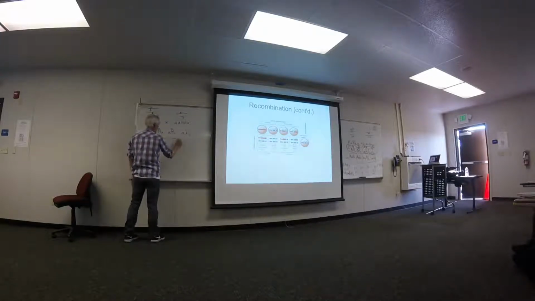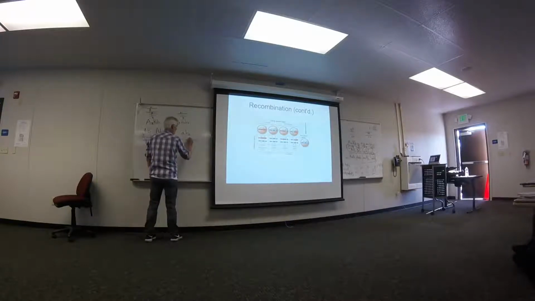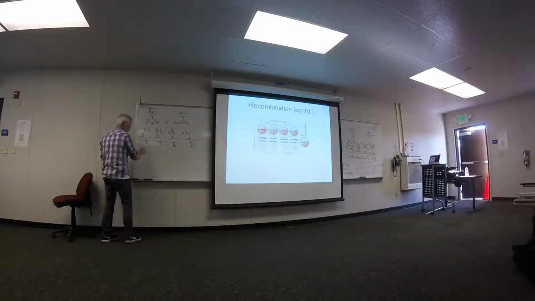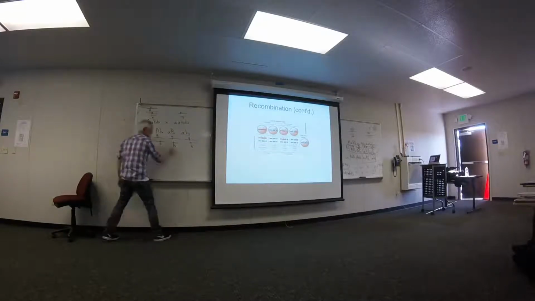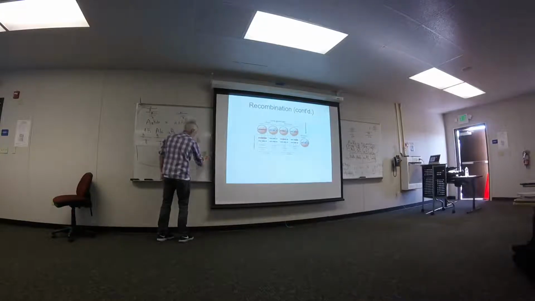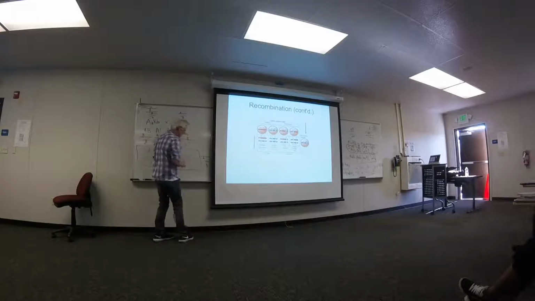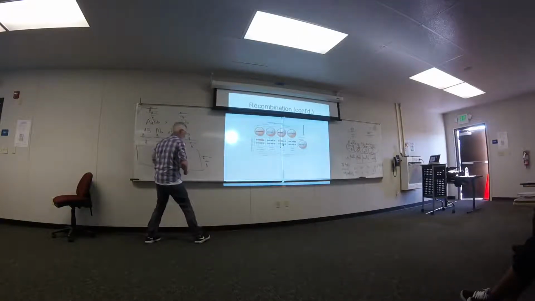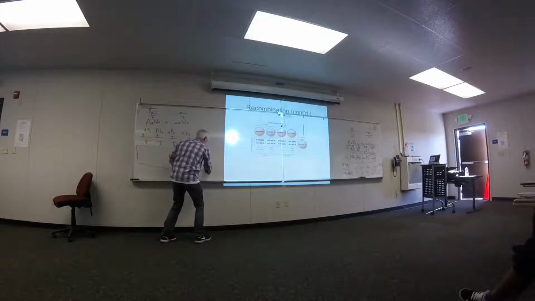This one will have the little a and the big B. This one will have the little a and the little b, right? Now, when we do the cross here, all the sex cells from this parent are going to have the little a and the smaller b there. Can you guys see that okay? See that a little better there?